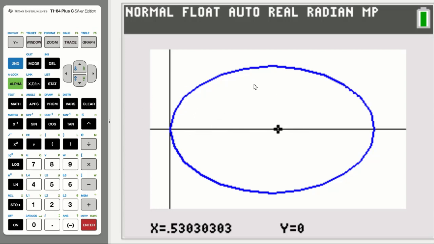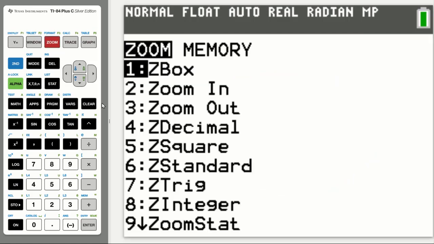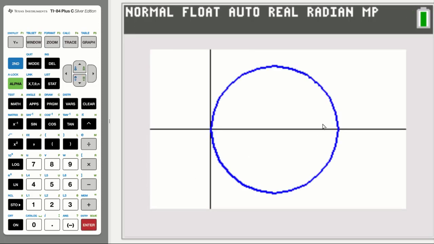So if you want to see the usual scaling, a 1 by 1 ratio, then we go to zoom and click on zoom square. Now with this zoom scaling, it's on the ratio 1:1 on the x-axis and on the y-axis. And now that puts us in the square zoom right here.